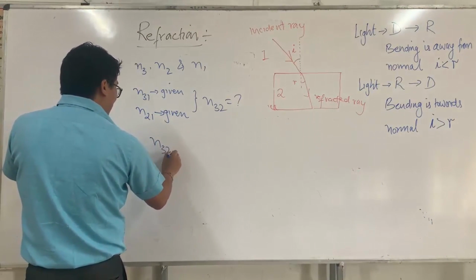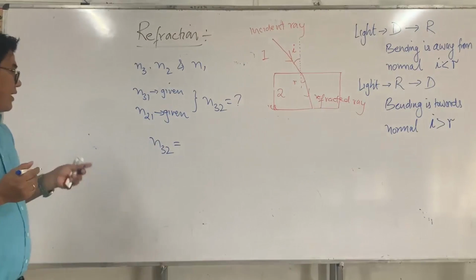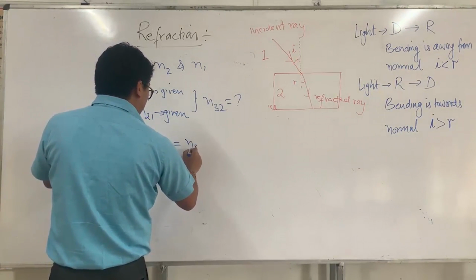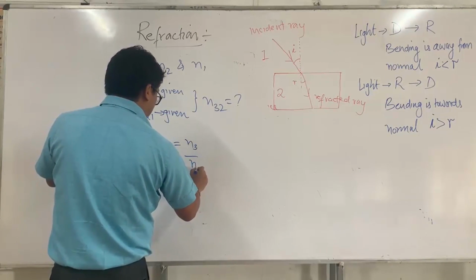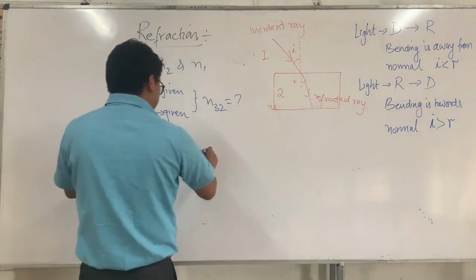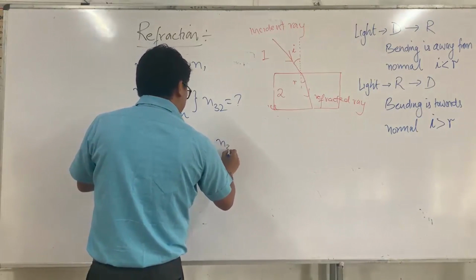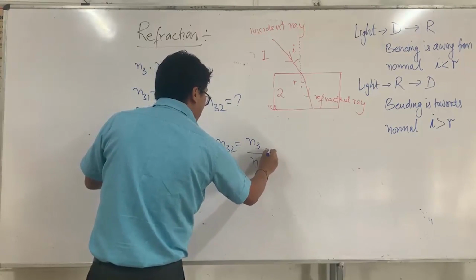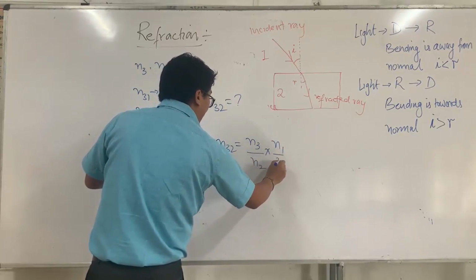Let's say I have this. N32 is defined as N3 divided by N2. Alright. And then what I do is multiply by N1 over N1.